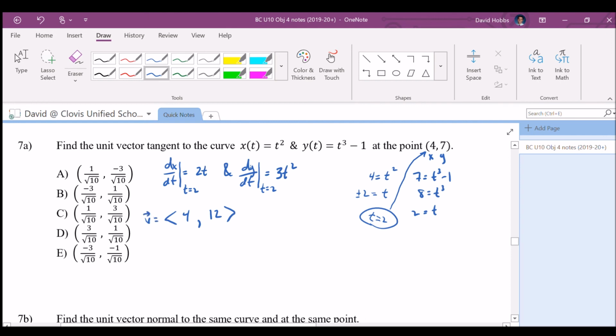But they said find the unit vector tangent, so it's not a unit vector right now. If we do the magnitude of that, we get 16 plus 144, root 160, which is 4 root 10.